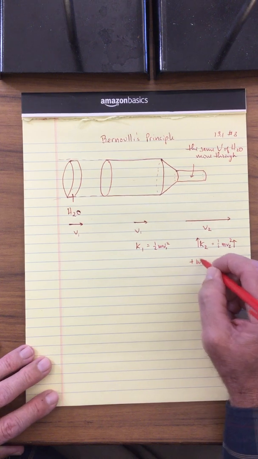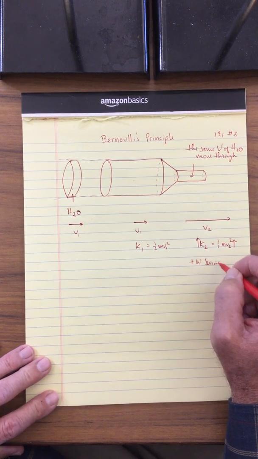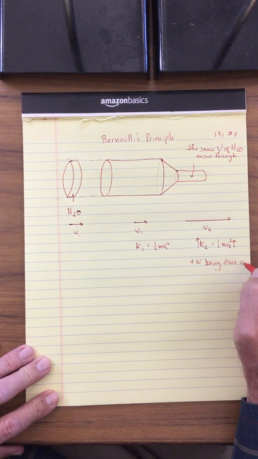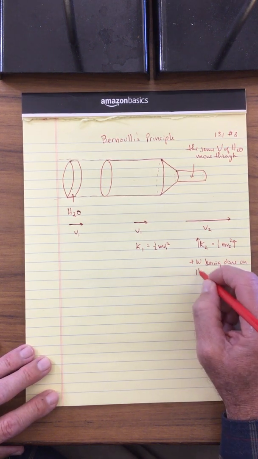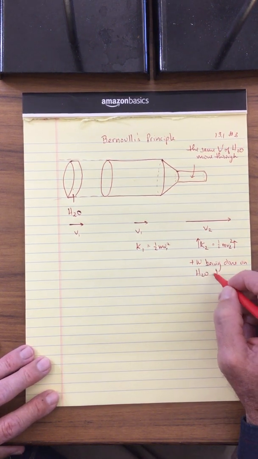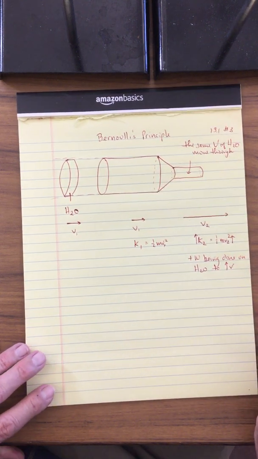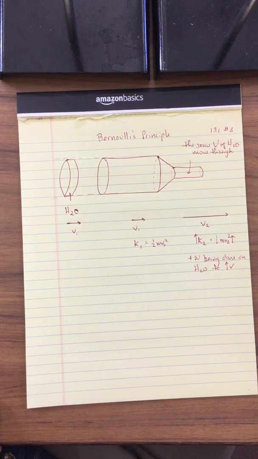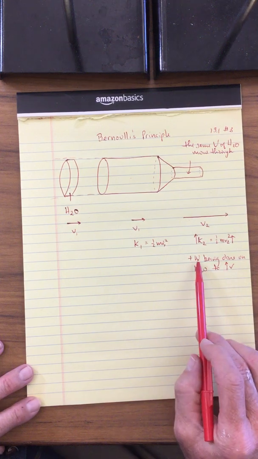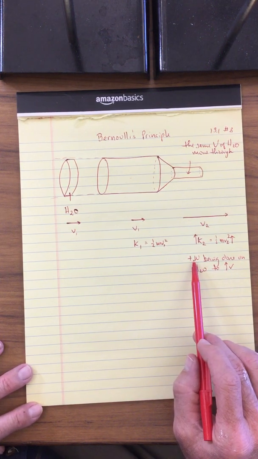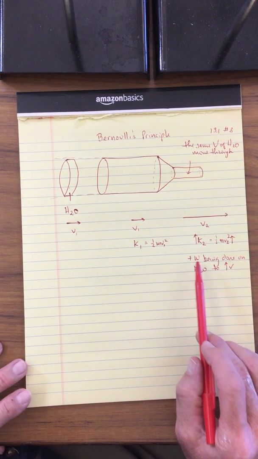So we have positive work that is being done on the water to increase the velocity. So you can't get something from nothing. We just can't all of a sudden have an increased velocity with an increase of work being done. That has to come from somewhere.